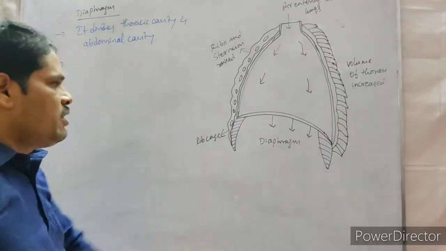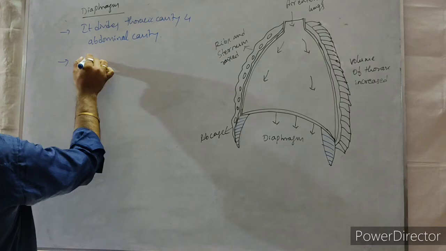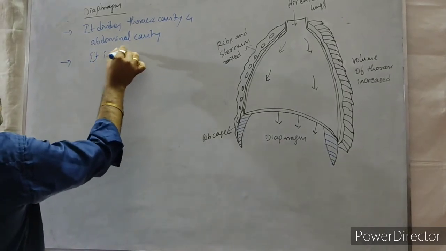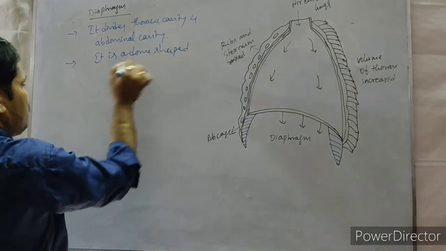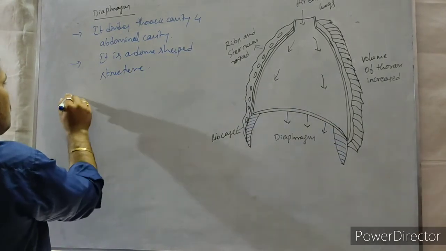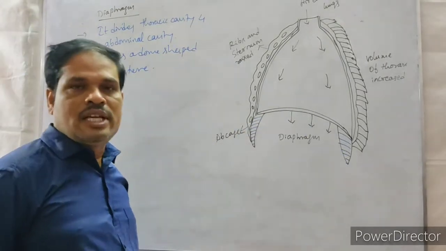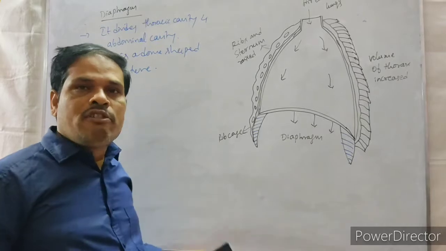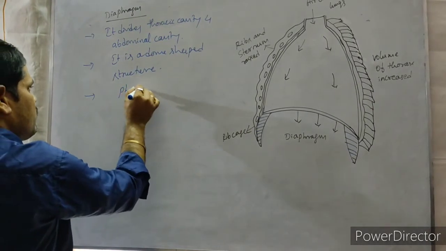What is the shape of the diaphragm? It is a dome shaped structure. Peripherally, if you observe the diaphragm, it is made up of phrenic muscles.